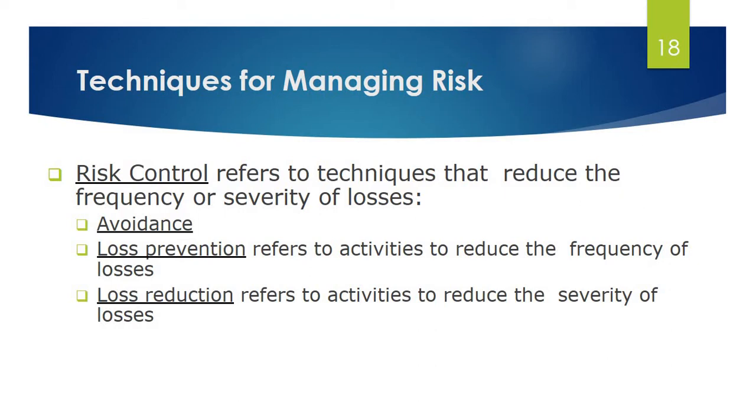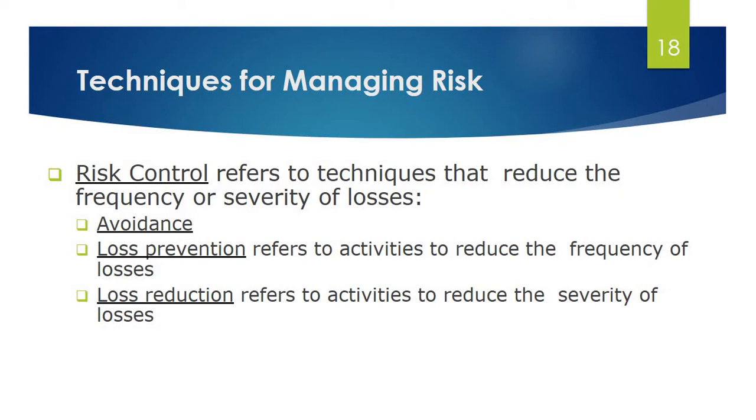Loss prevention refers to the activities to reduce the frequency of losses. Say for example, if you maintain strict compliance in your factory, you will be able to reduce many accidents in your factory.